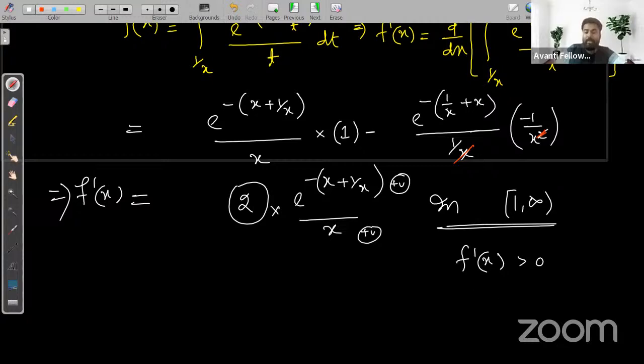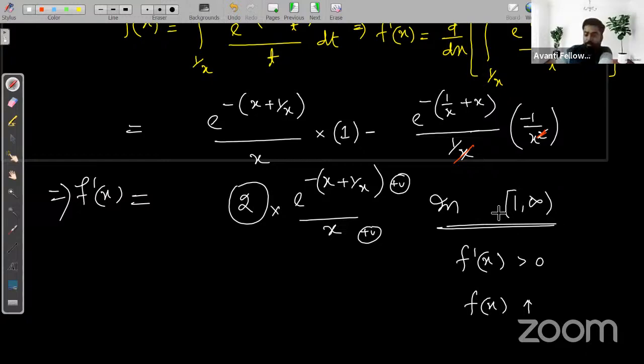That means f of x is an increasing function. We know from the application of derivatives, all of you know, that if the first derivative of a function is greater than 0, then that function is monotonically increasing.